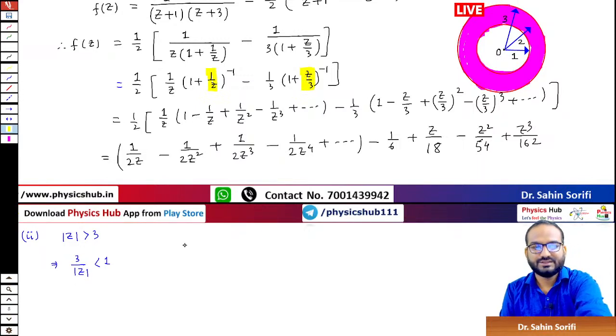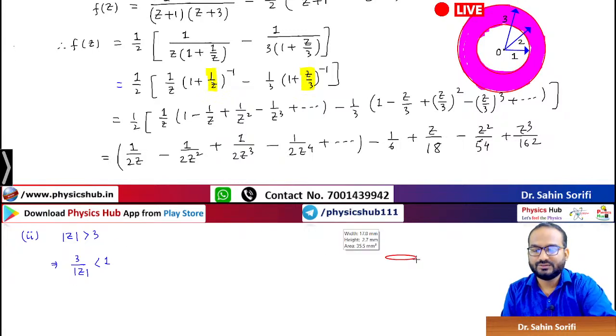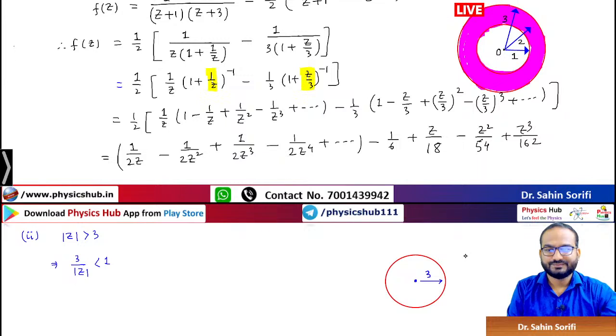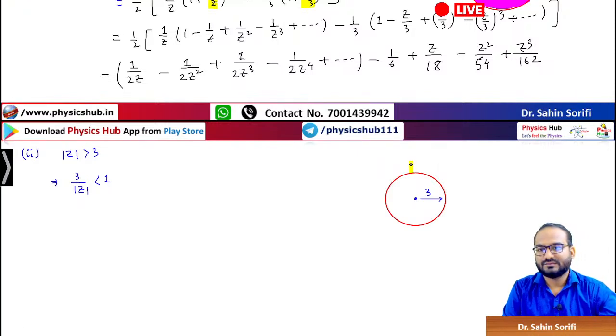Now as you can see, it is mod z greater than 3. Let's say mod z equals 3 is looking like this. This is 3 units. So this is mod z equals 3. Now greater than 3 means what? The region beyond it. These are the regions where you need to do the expansion.